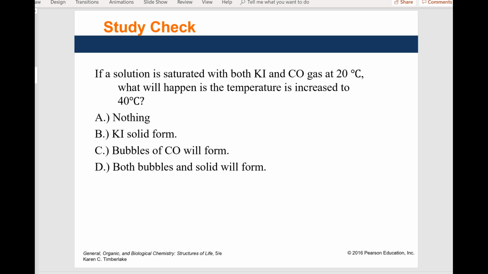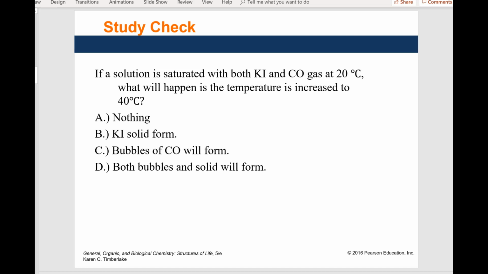Carbon dioxide. But you see bubbles. When you decrease the solubility of a gas by increasing the temperature, the gas bubbles out. So when you decrease the solubility, that one comes out. And so we're going to see bubbles of carbon monoxide forming.